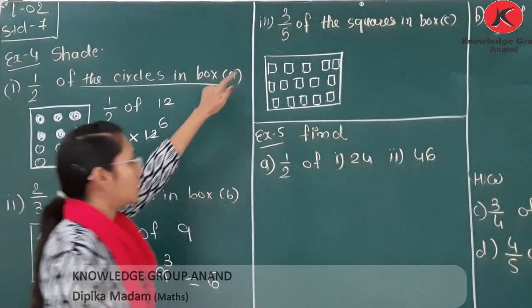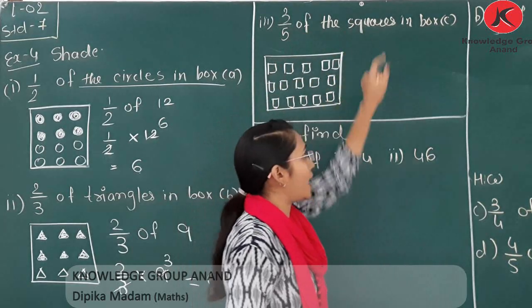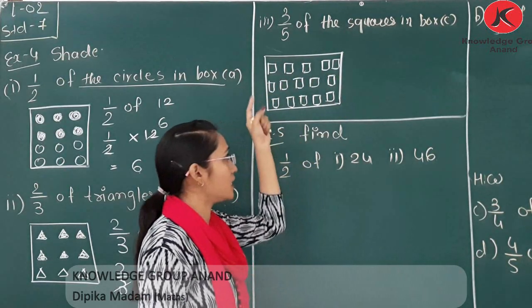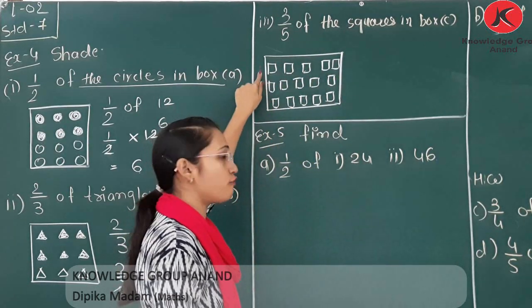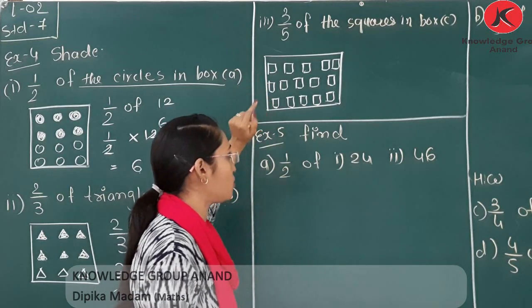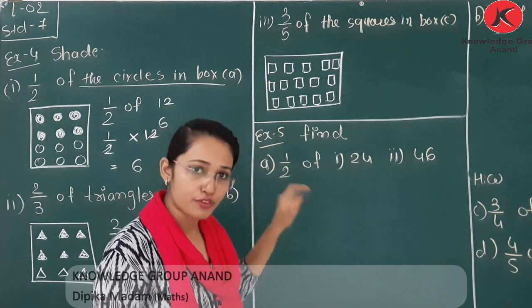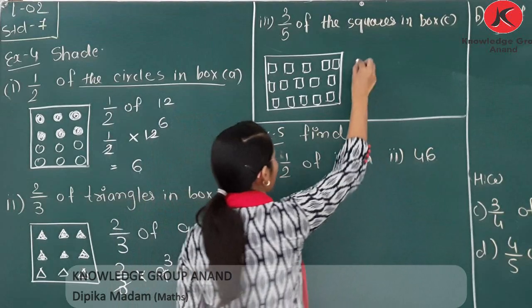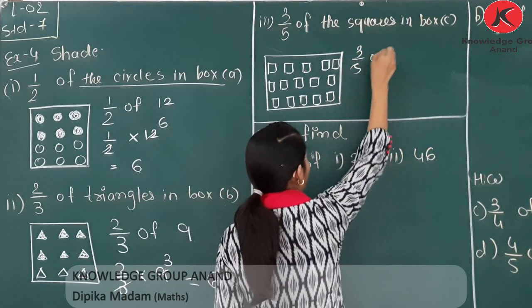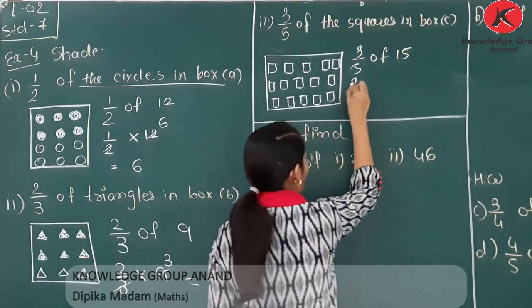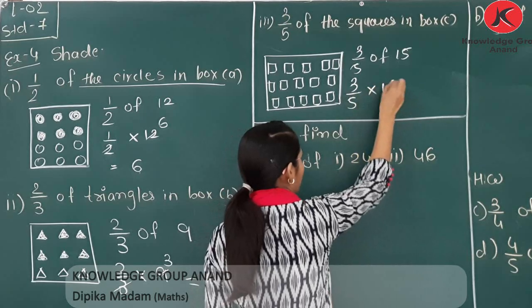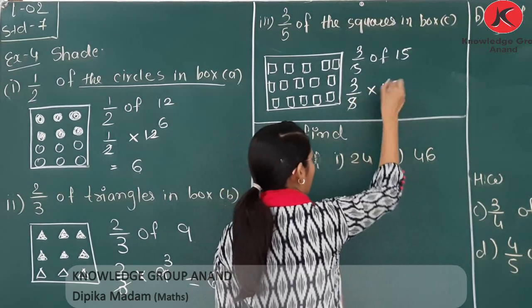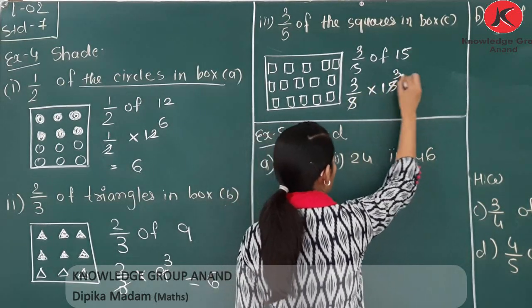Next is 3 by 5 of the squares in a box. How many squares are here? So you need to find 3 by 5 of the squares, 3 by 5 multiply the number of squares. 5 3s are 15, 3 3s are 9.